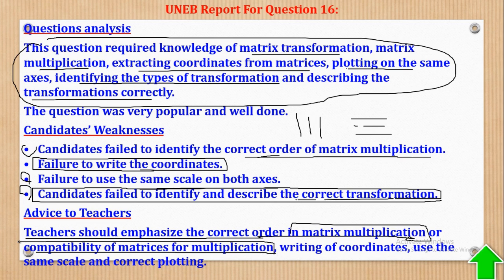For example, a 2 by 2 matrix cannot be multiplied by a 3 by 3 matrix. Students must be reminded to write coordinates and also to use the same scale for correct plotting. So in this question, the scale has to be the same.